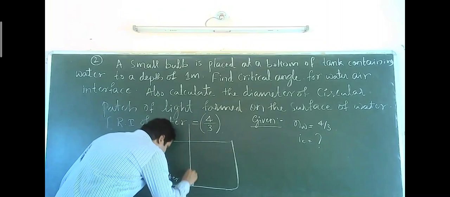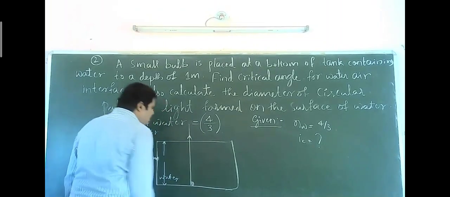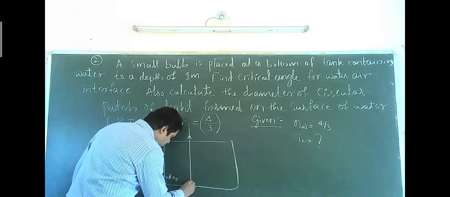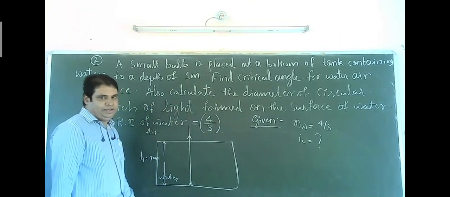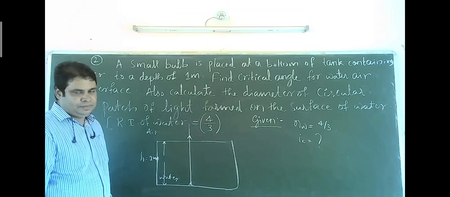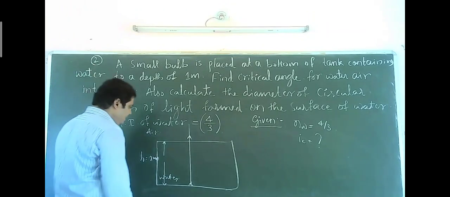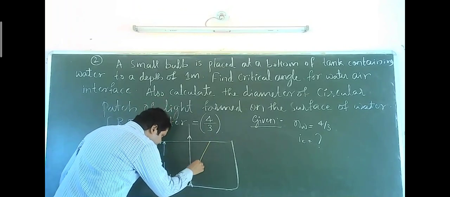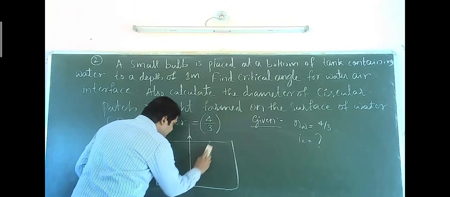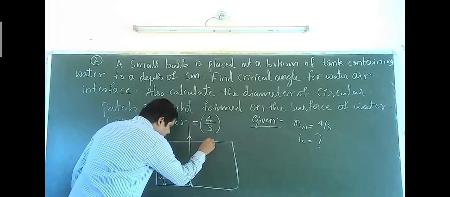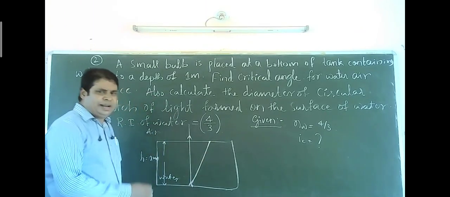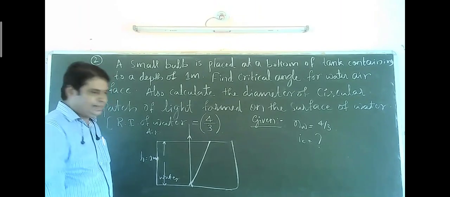A ray of light which is incident normally on the surface of water will move without any deviation. Actually there are a number of rays; let us consider only three rays.